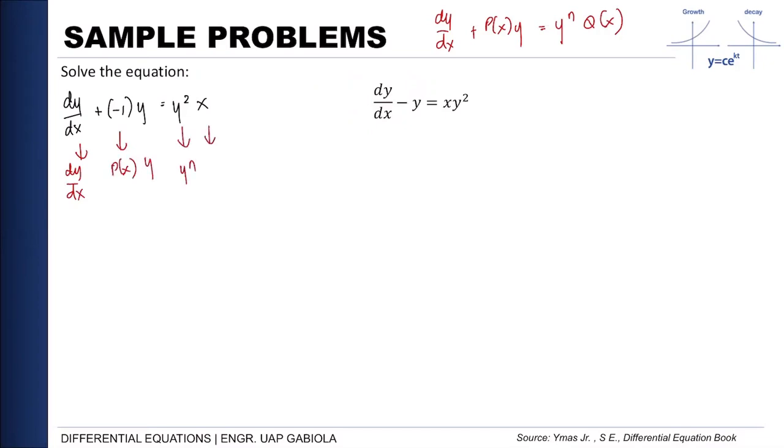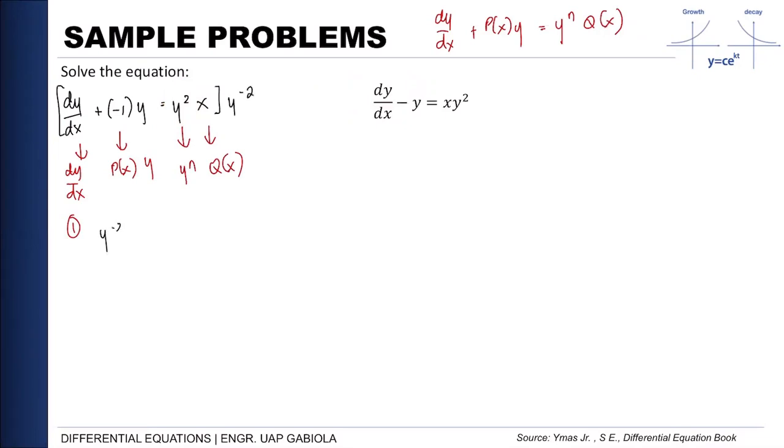And then this is our q of x. Okay? So it is already in Bernoulli form. Our first step is to isolate the y squared from this side and move it to the left side. To do that, we have to multiply both sides by y to the negative 2.